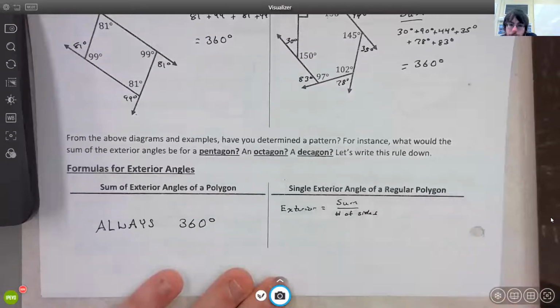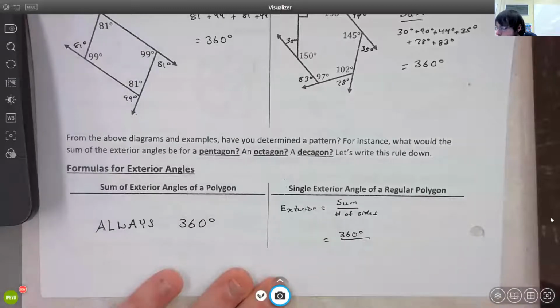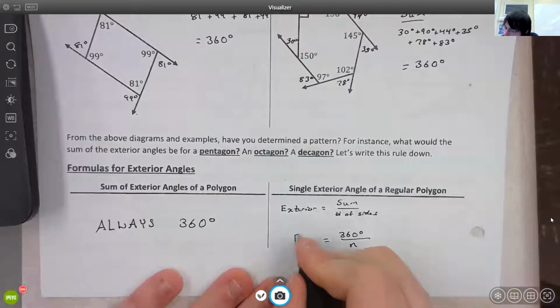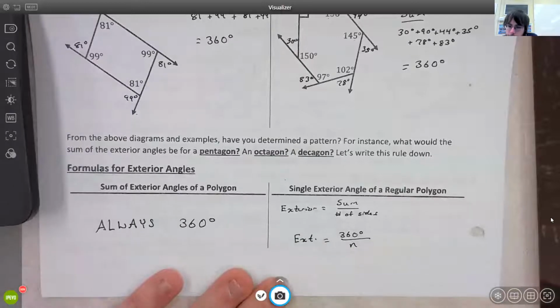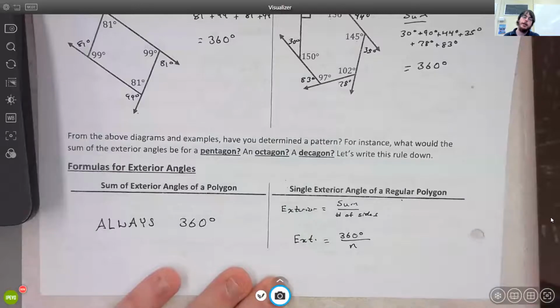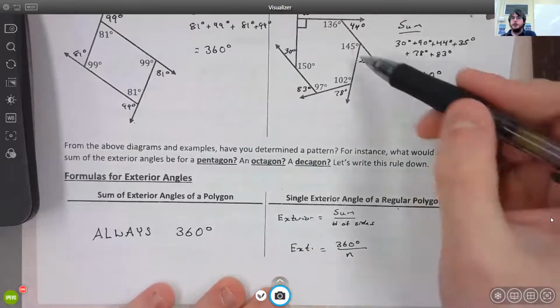Well, the sum of the exterior angles is always 360, and the number of sides is always n. So 360 divided by n will give you one exterior angle. It is of note that that's for a regular polygon. If you have an irregular polygon, you need to make sure you use something like this.